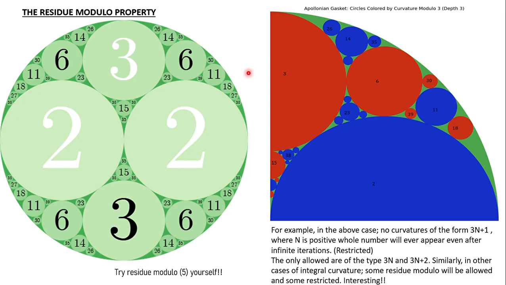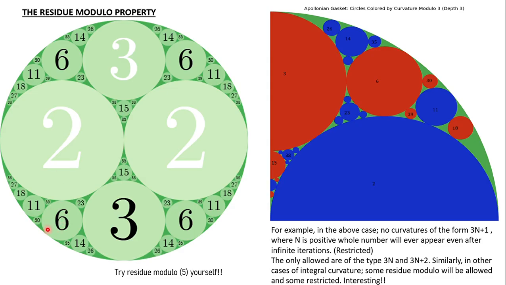Numbers with remainder 0 are colored in brown, and remainder 2 in blue.